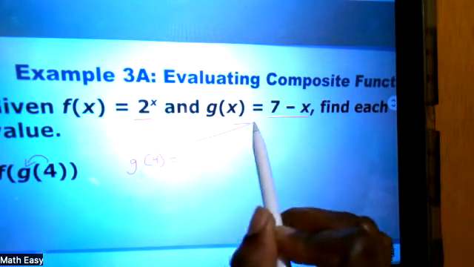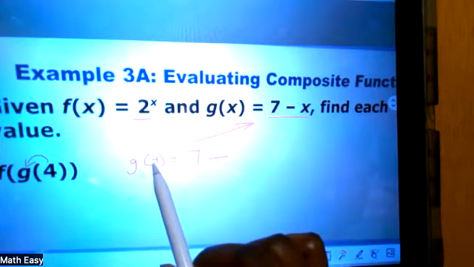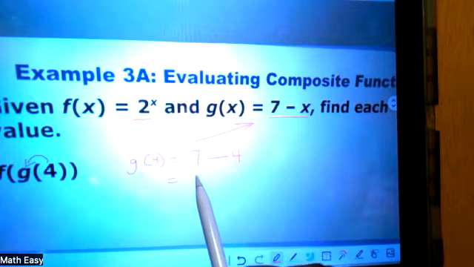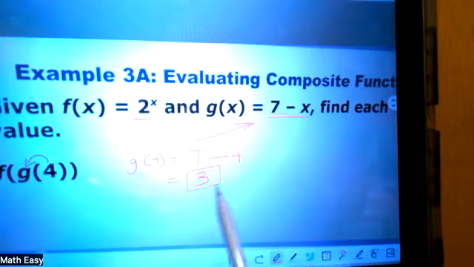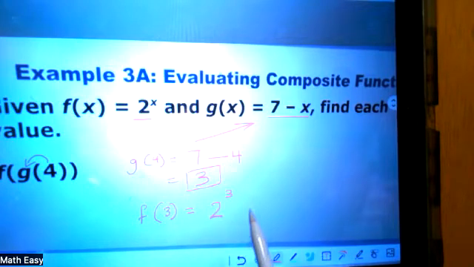We use our g function, which is 7 minus x, and wherever x is, we replace that with 4. 7 minus 4 gives us 3. Now we use this 3 and input it into our f function. So f of 3 is 2 raised to the power of 3, and that gives us 8.